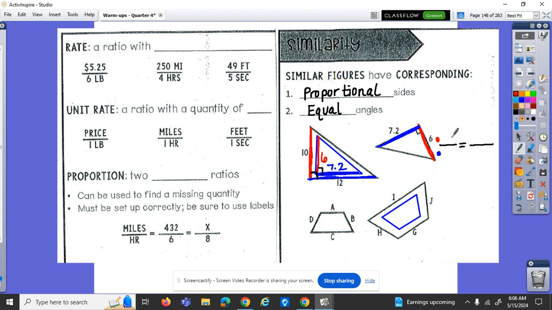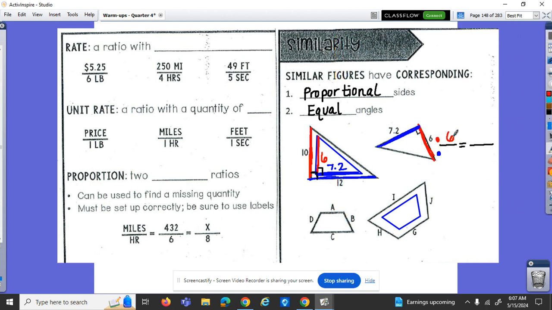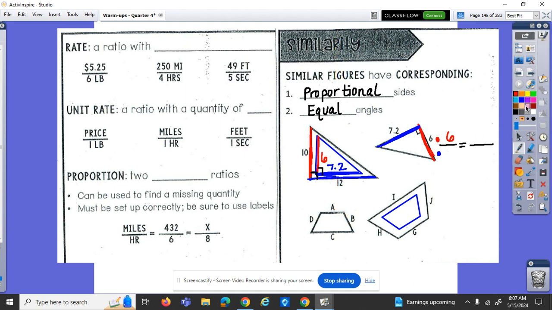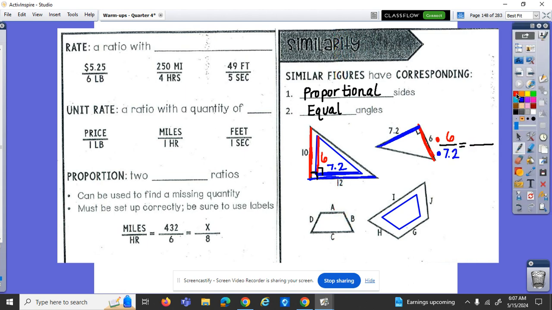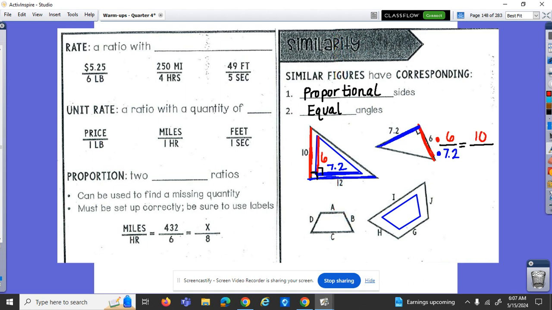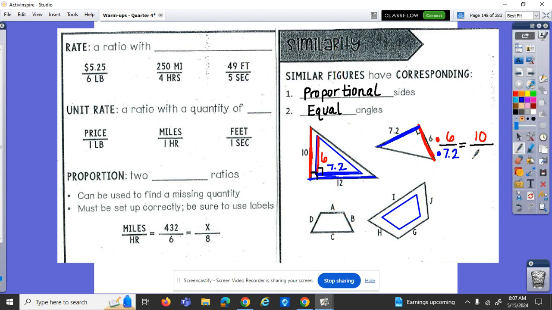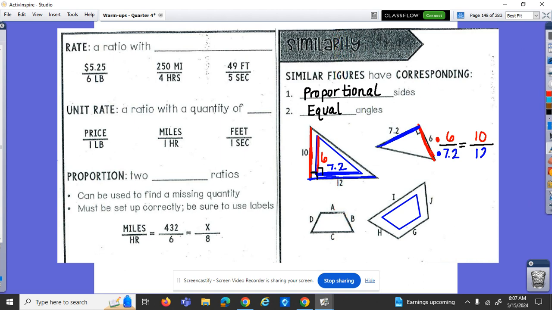So that would be 6 red over 7.2 blue for the small triangle, and 10 red over 12 blue for the bigger triangle.